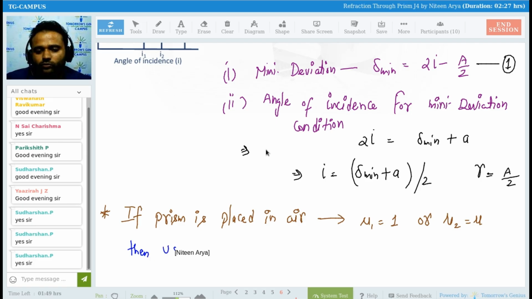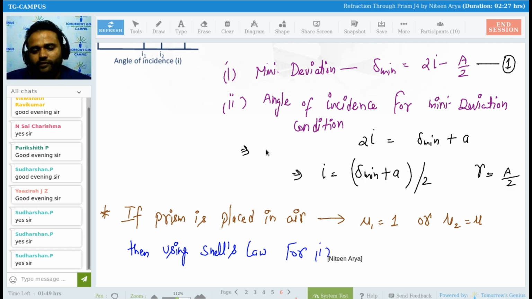Then using Snell's law for the first surface at minimum deviation condition.